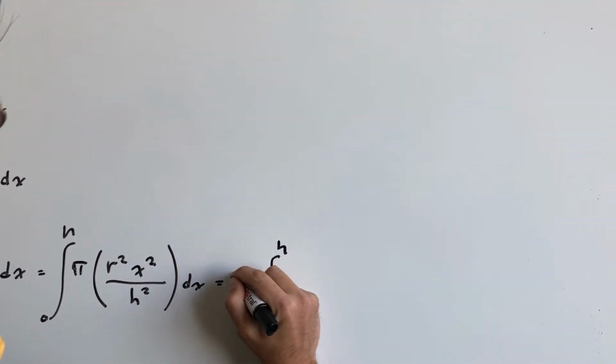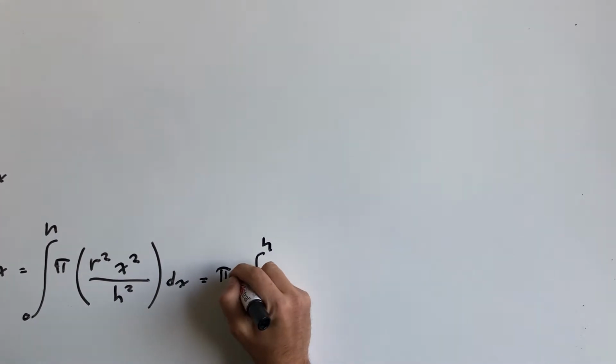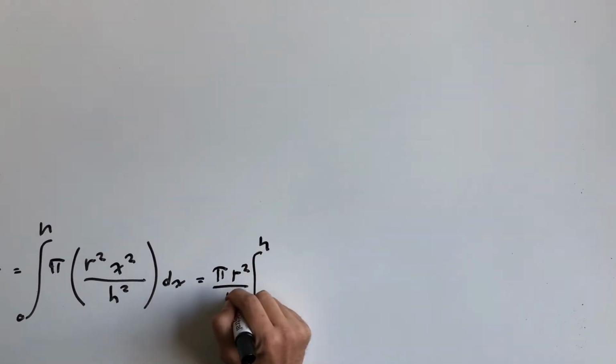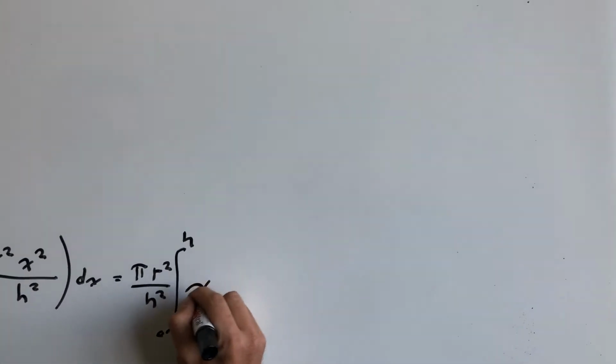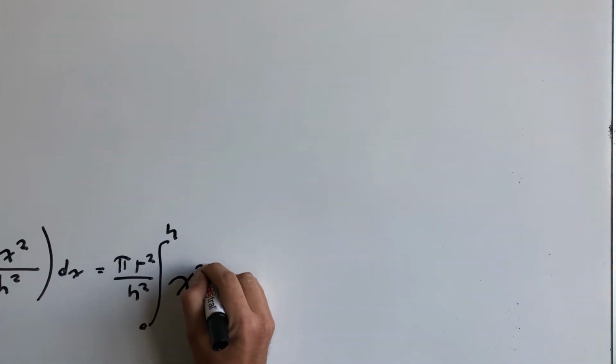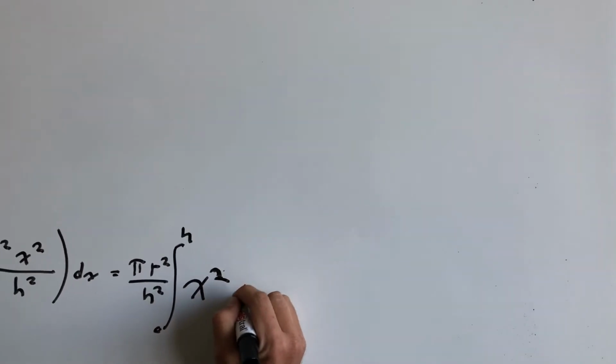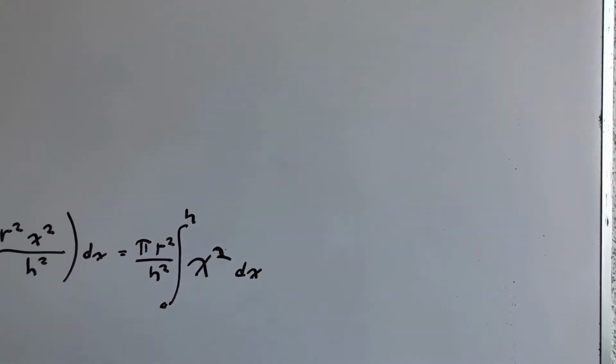So then we have pi times r squared over h squared times the integral of x squared with respect to x.